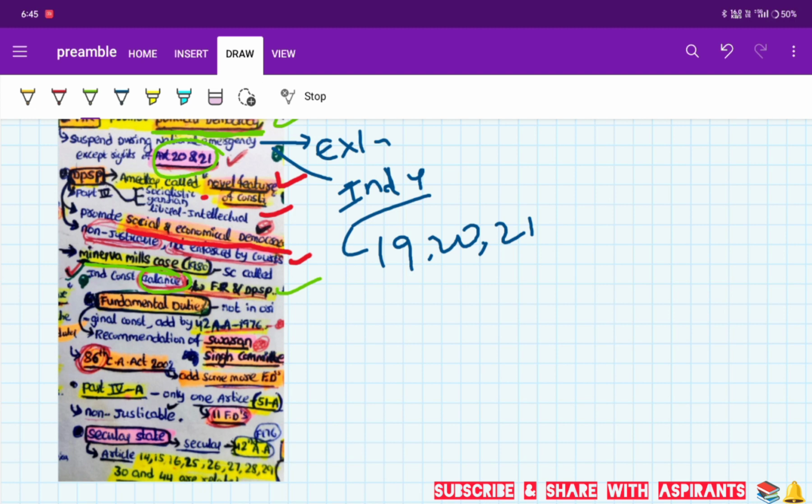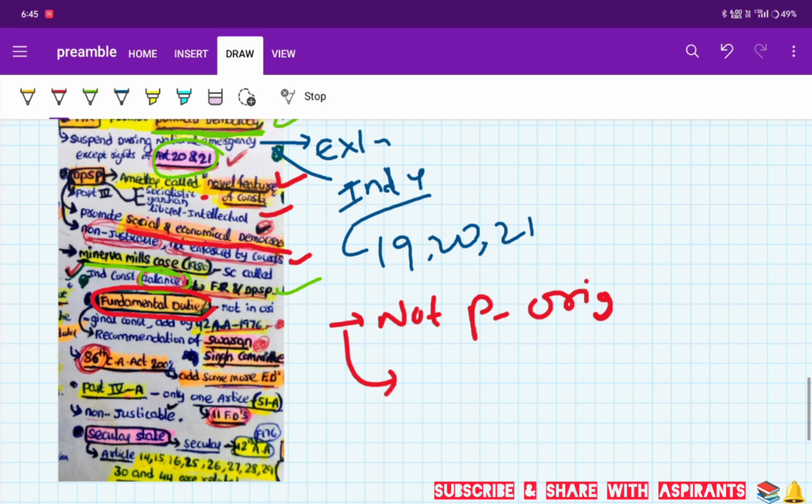Then we go to the fundamental duties, which were not present in the original constitution. They were added by the 42nd Amendment Act, recommended by the Swaran Singh committee, with 10 fundamental duties.